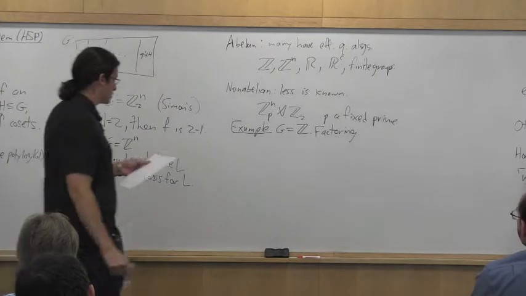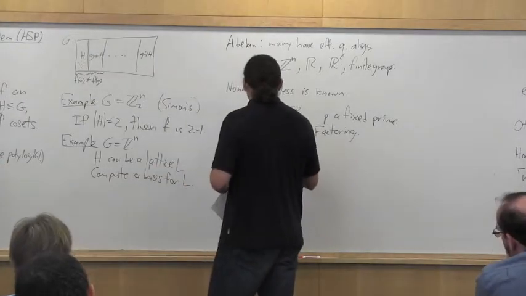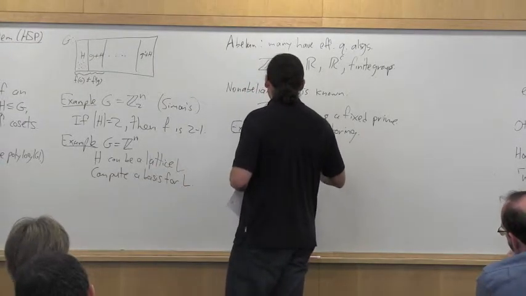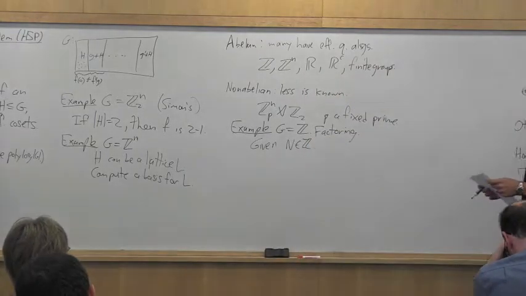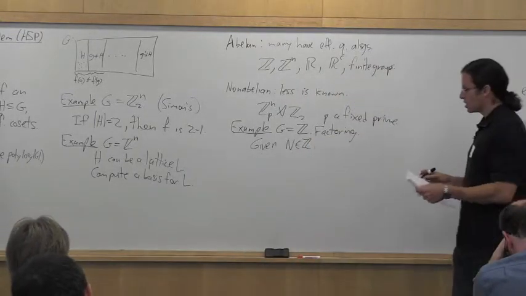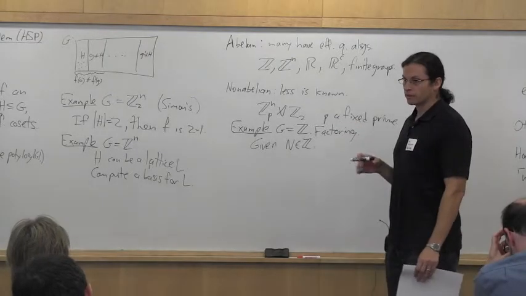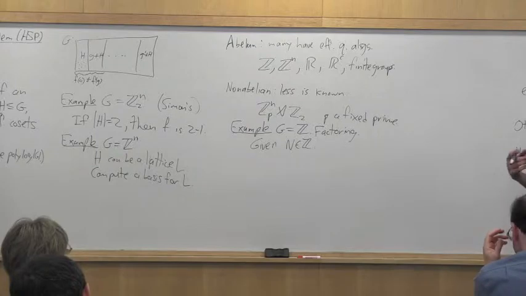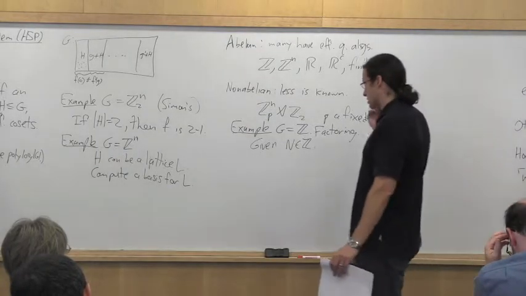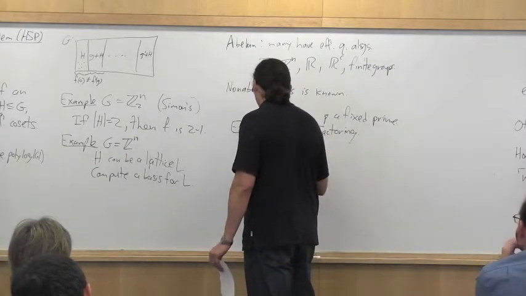So here you want to factor an integer. Let's suppose you're given an integer n, and you'd like to factor it. There's this fact that factoring n reduces to computing the order of a random element mod n. So the hidden subgroup problem is going to be just finding that order.